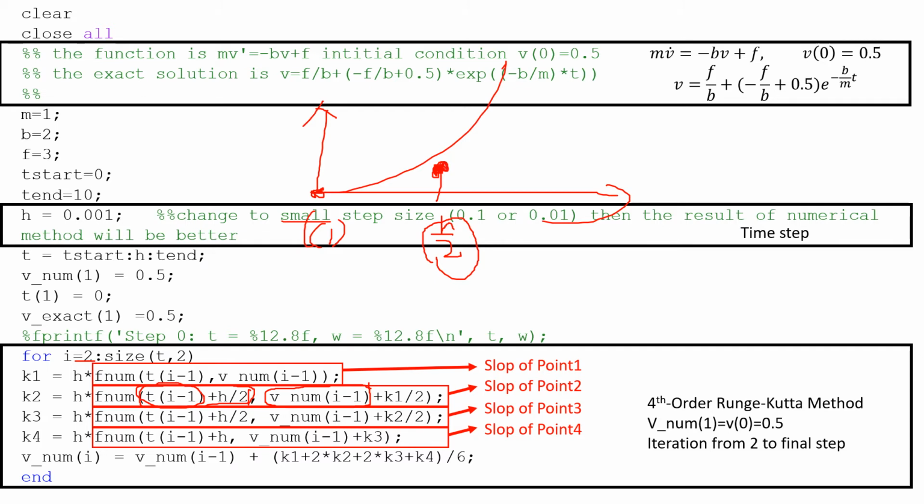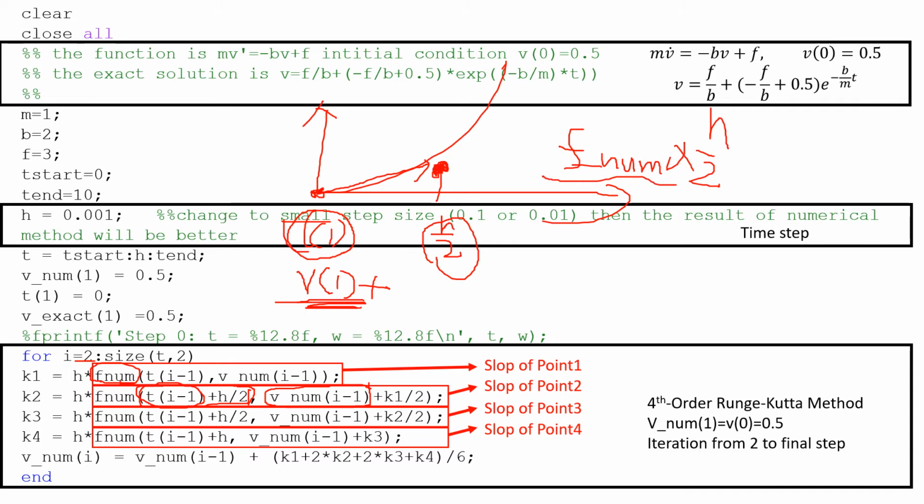And we need to fit this point. What is this point? I need to use the T1, and I need to use the V1 plus the slope I calculate here, FNUM multiply half H. So you can see FNUM multiply half H, but we need to divide by 2.